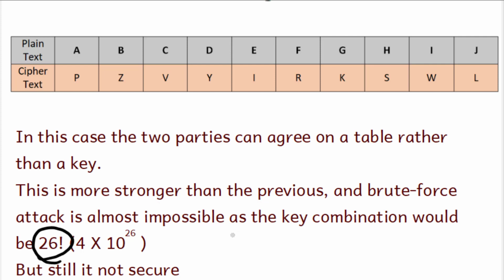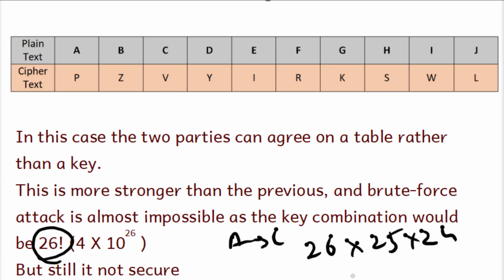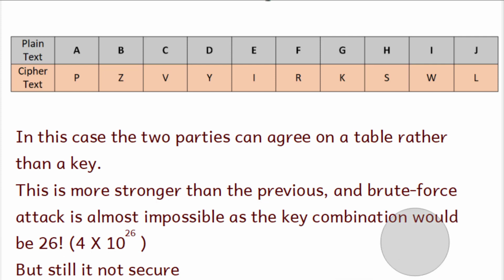If we know that for A we have C, then we need to find out the remaining 25. So for the first alphabet we have 26 combinations, for the second we have 25, for the third we have 24, and so on, and we continue up to 1. So this is actually 26 factorial. If we calculate this, it becomes about 4 into 10 to the power 26. So this is a very huge amount.